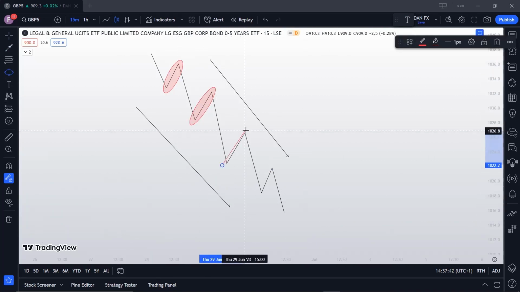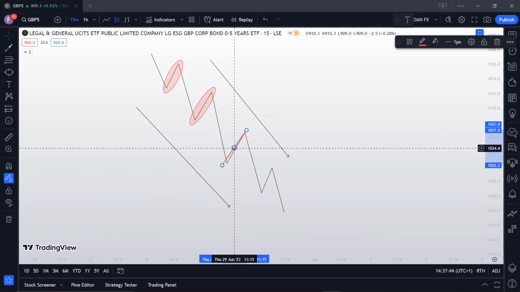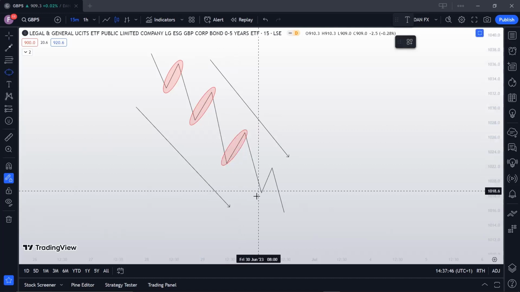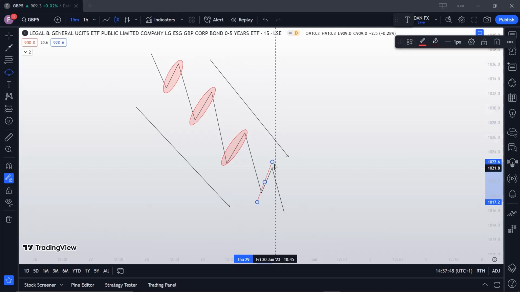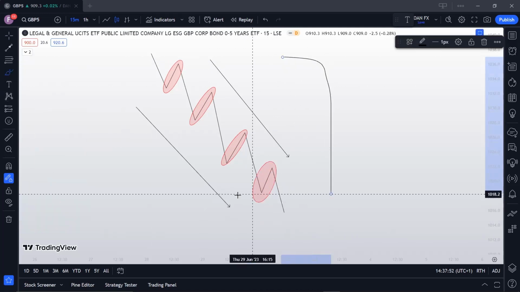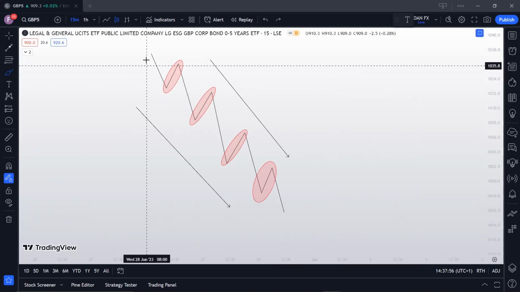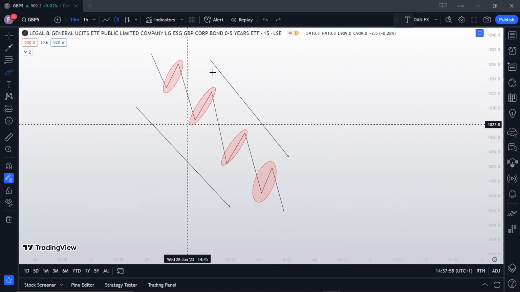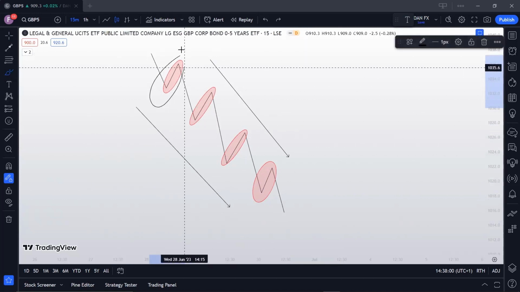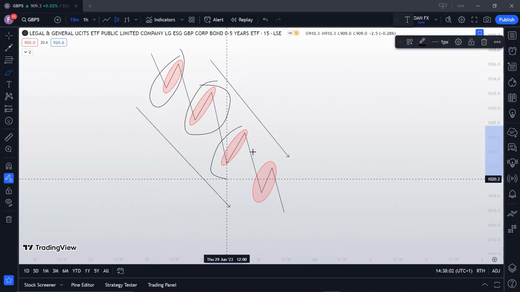These are called pullbacks, where the market is pulling back against the trend, because the market doesn't just go straight down. You won't see the market go down straight like a waterfall. The market goes in steps, right? So imagine this is a step, each step like this. So these structures here are called pullbacks, right?